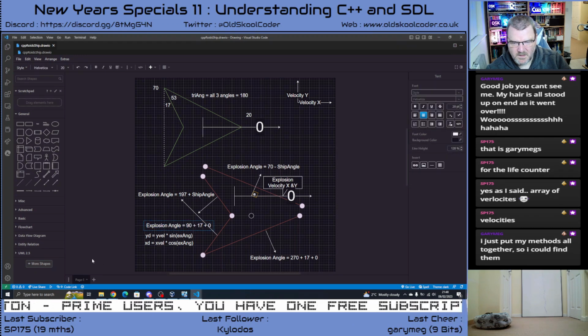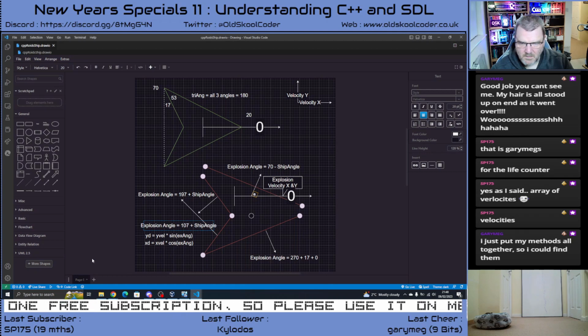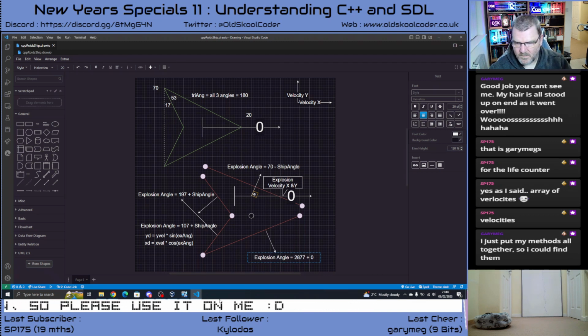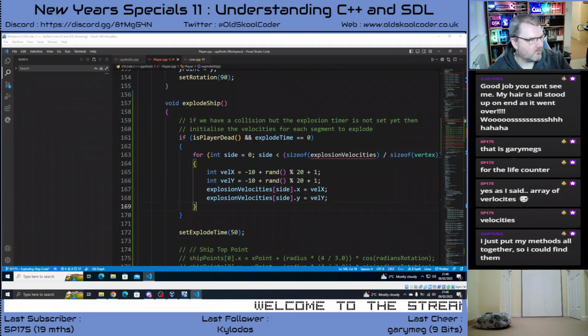This one is going to be 107. And this one's going to be 187 plus ship angle. So they're the things that we're going to be working out, yeah? So these are the angles we're going to be working out. So let me move that over here.